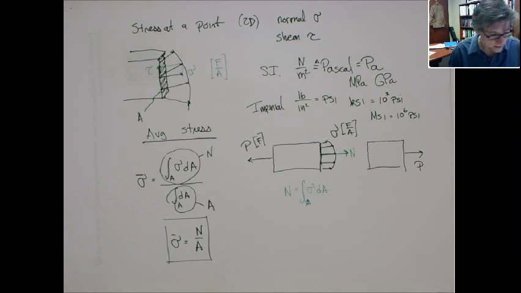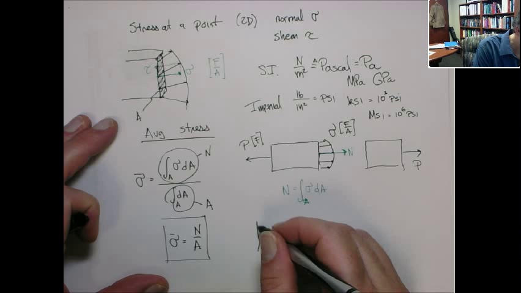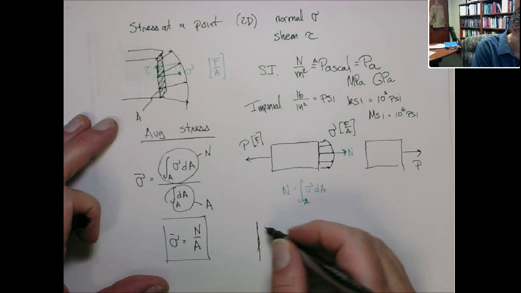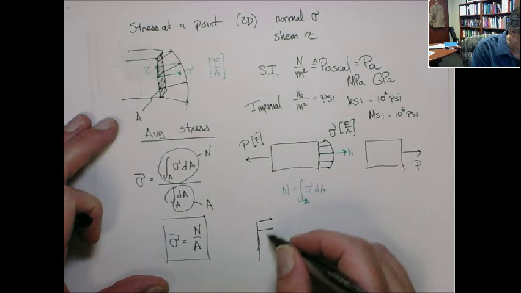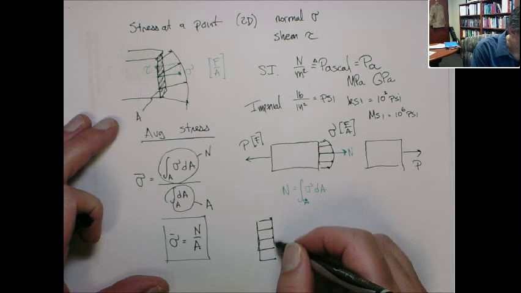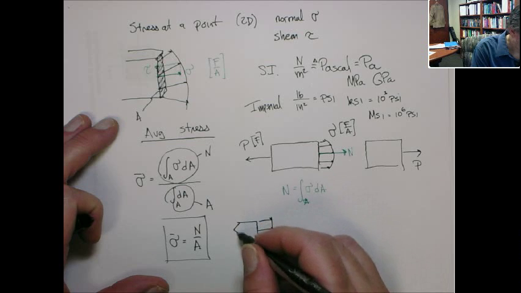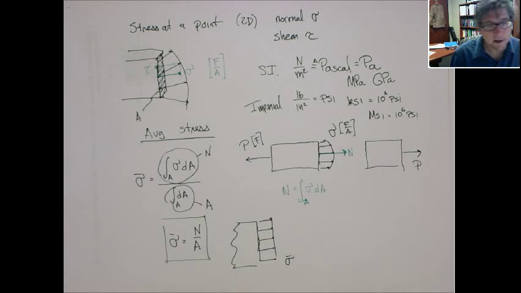Now, the average normal stress, look at it. The surface. The average normal stress is as if there was a uniform distribution. Another way you can think of it, this would be sigma bar.